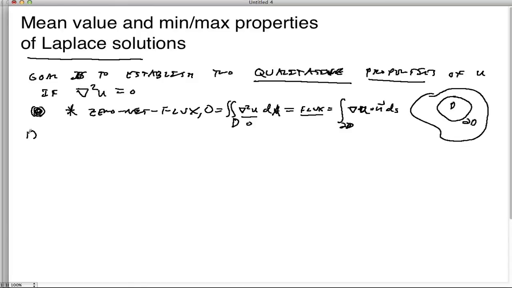But now we're going to talk about two more properties, and one of these is called the mean value property.